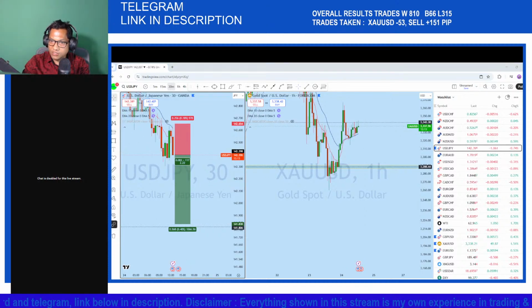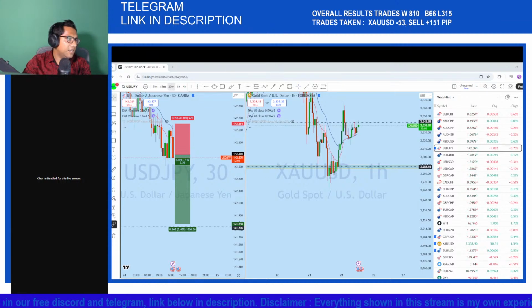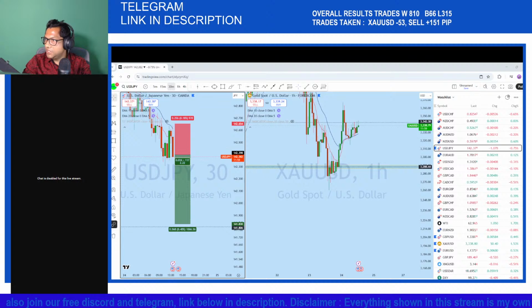This is a risk managed trade, so it must be opened with proper risk management, and that's the key to becoming a better trader. I'm looking at dollar yen on the 30 minutes time frame, placing a sell with a very tight stop loss and high risk reward.